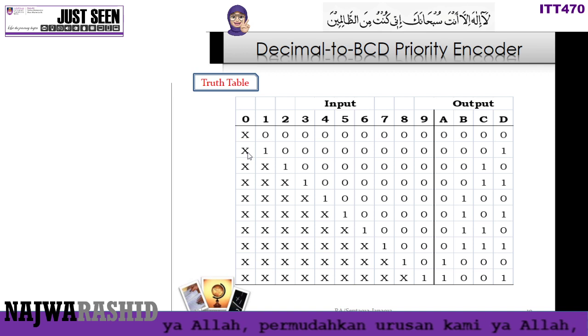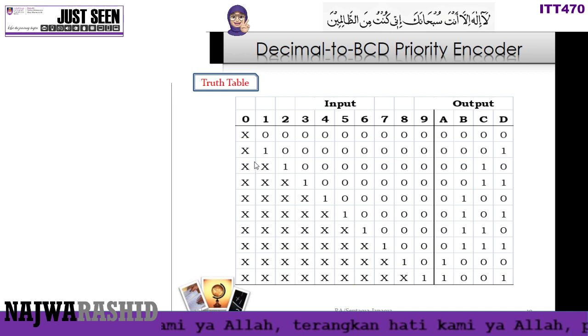Don't care can be 1 because you press the number, and it also can be 0 if you don't press that number, but it only takes the highest order. Let's say we have 0 and 1, so the highest order is 1.